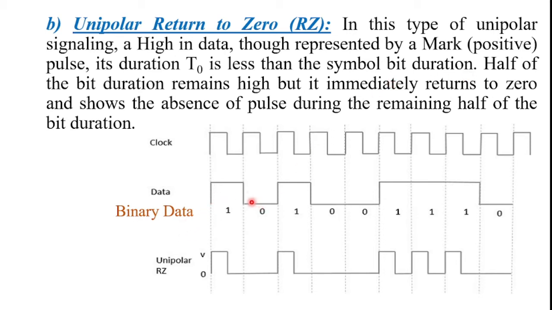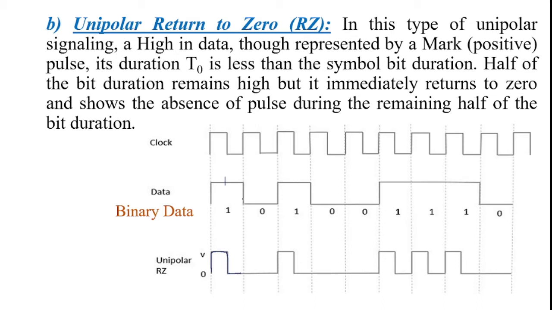This high in data, half of the bit duration remains high but immediately returns to zero, and shows the absence of pulse during the remaining half of the bit duration. This is the positive pulse, high in data.